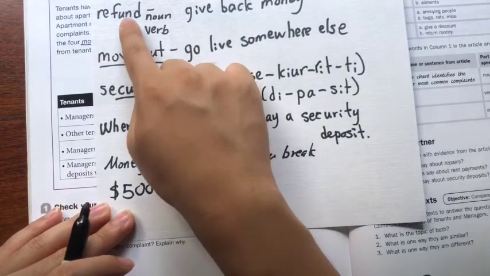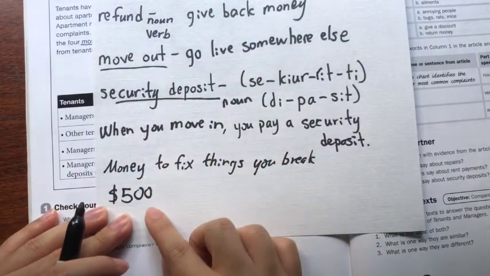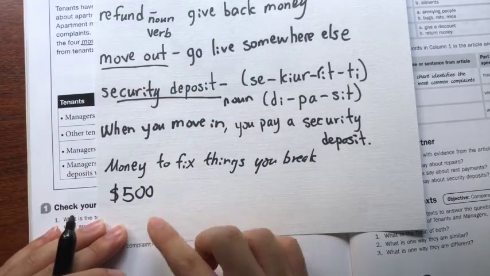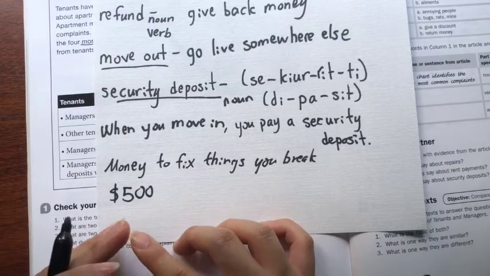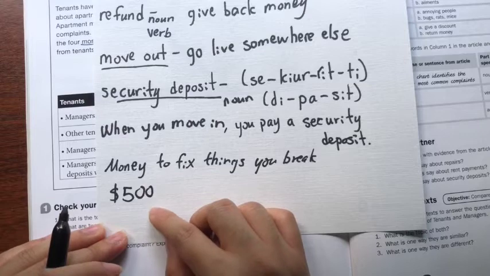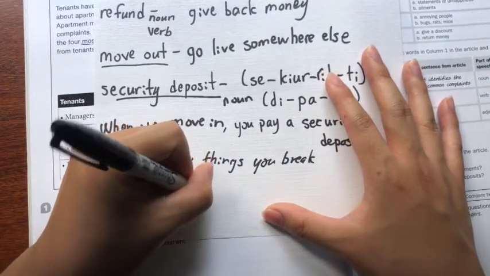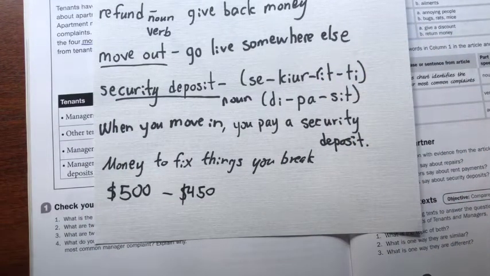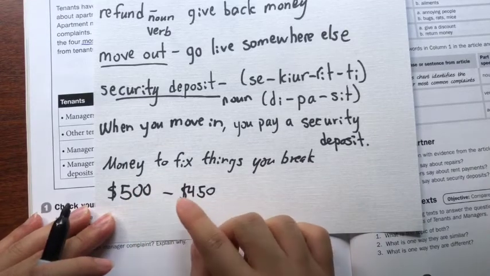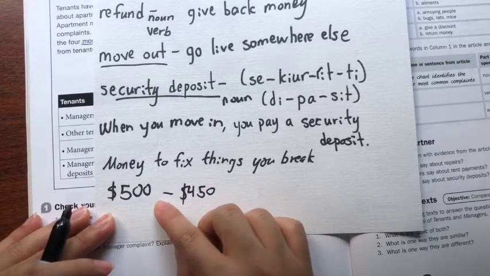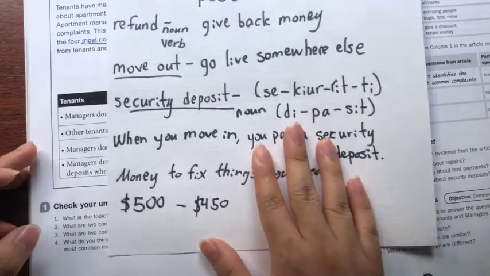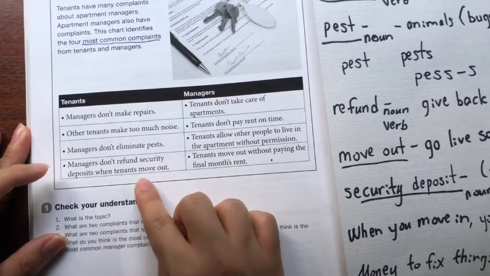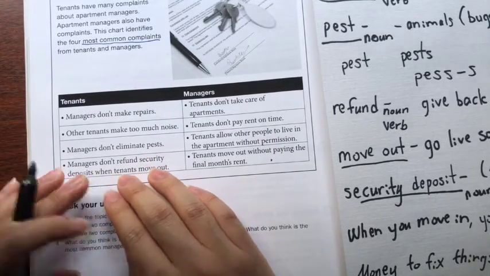I get the refund on the security deposit. If something is broken or dirty, they take a little bit of money and I get maybe $450 or less, or no money if I burn the oven because that's expensive. The money I get back is based on how clean or how good the apartment is. So managers don't refund security deposits when tenants move out. This is a big complaint for tenants.